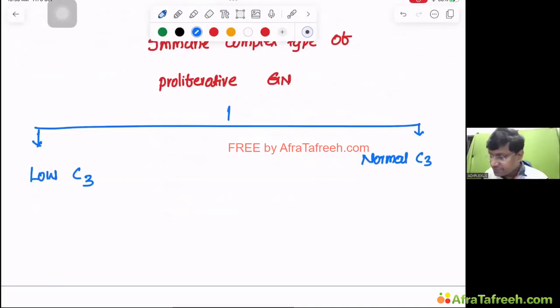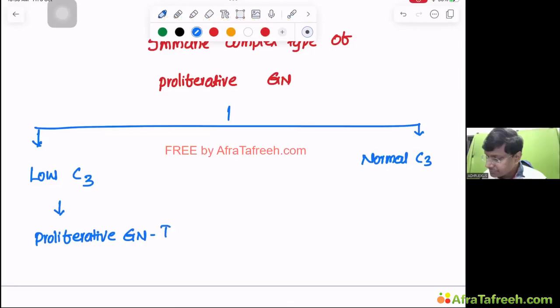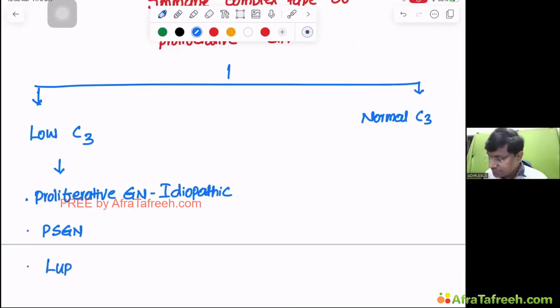Low C3 levels observed in idiopathic proliferative glomerulonephritis. Right? And low C3 levels also seen in post-streptococcal glomerulonephritis, also observed in lupus nephritis.